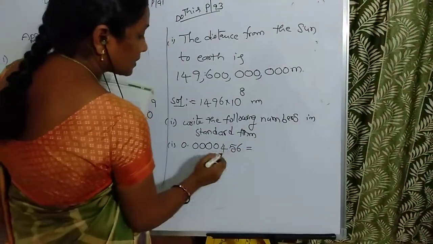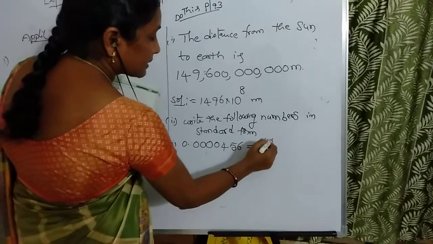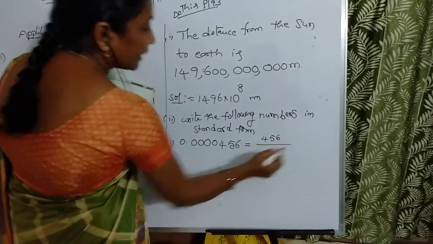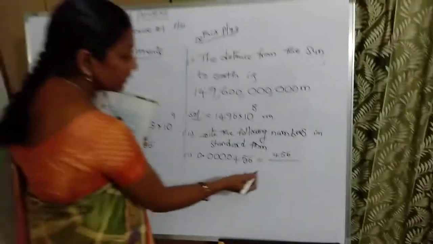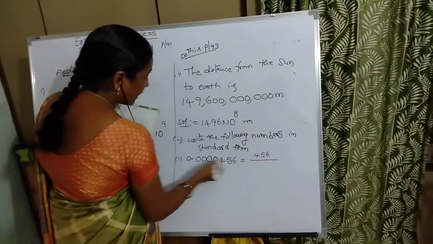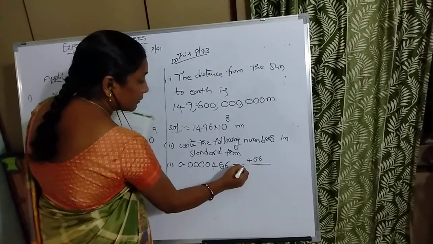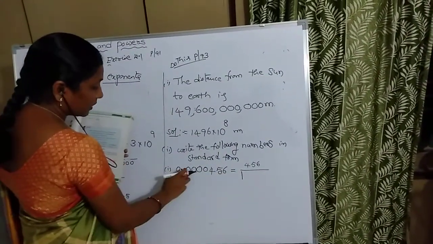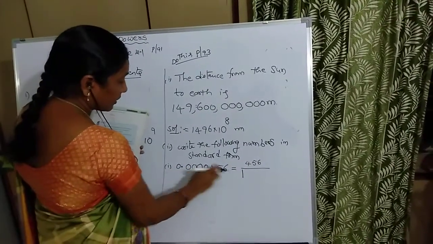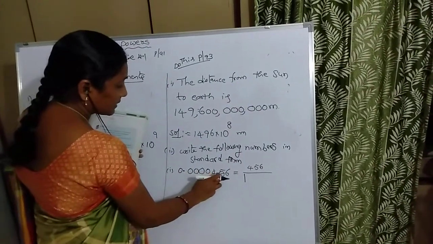It can be written as 456 as the numerator, and the decimal point is replaced by 1 followed by zeros. 1, 2, 3, 4, 5, 6, 7, 8.